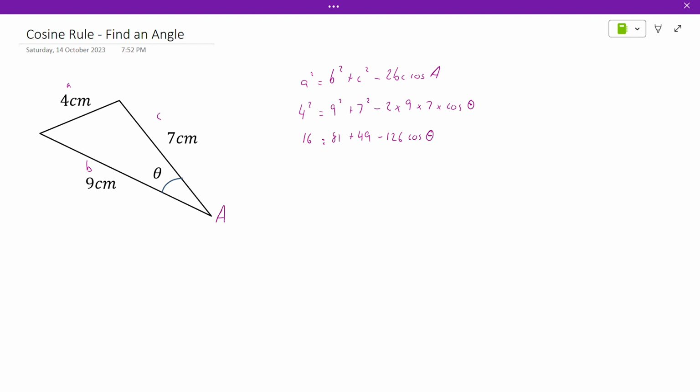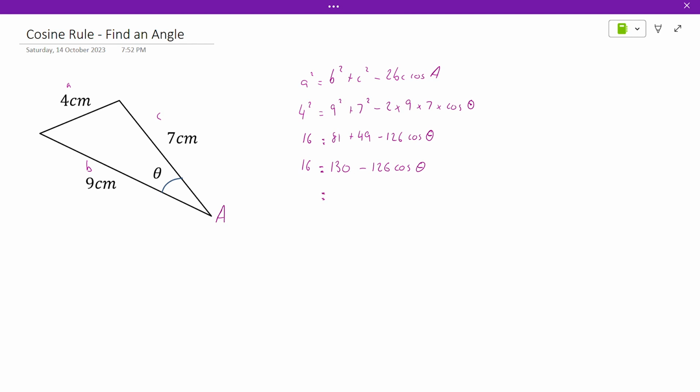So I've got 16 on the left-hand side equals 81 plus 49, which is 130, minus 126 cos theta. Okay, let's try and get rid of this 130.